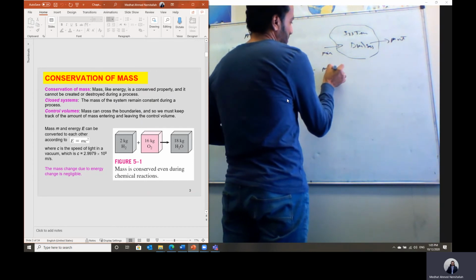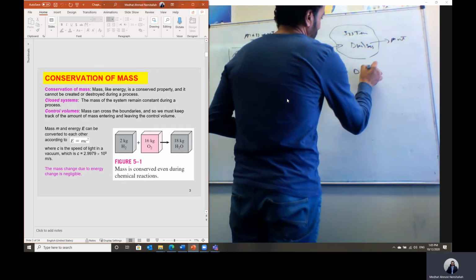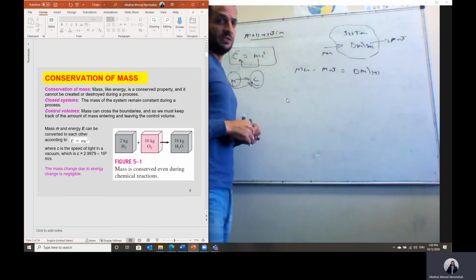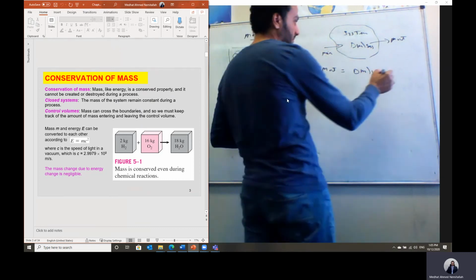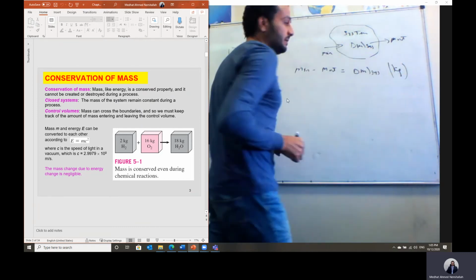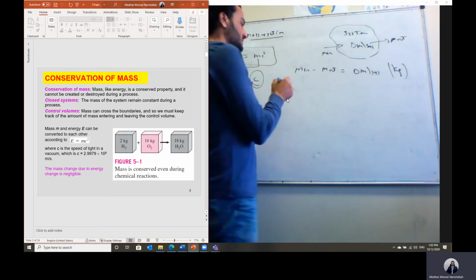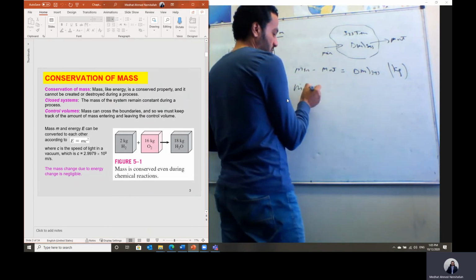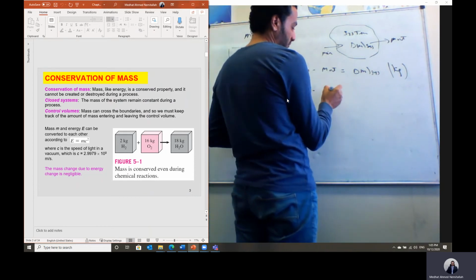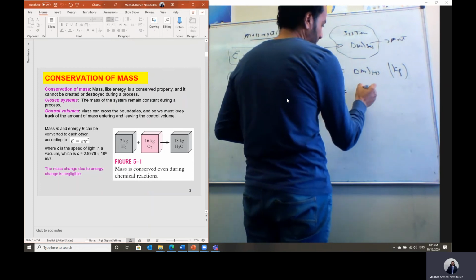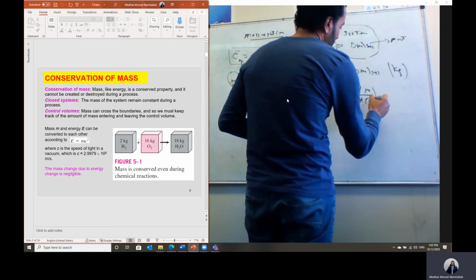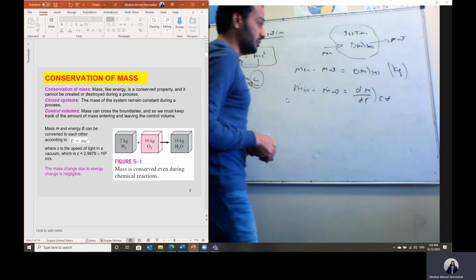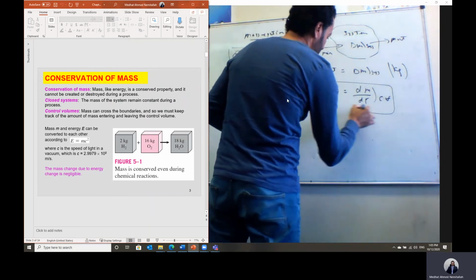So mass in minus mass out will equal the change of mass of the system. This is the total mass, calculated in kilograms. We can consider the rate form: m dot in, the rate of mass in, minus the rate of mass out, will equal dm by dt within the control volume.